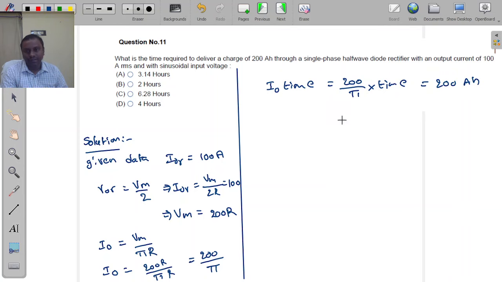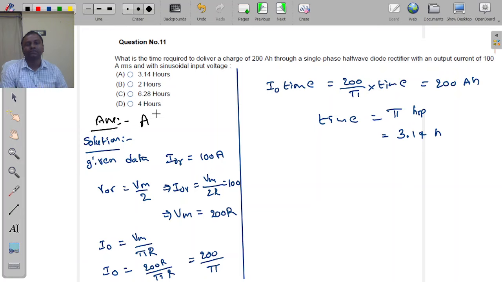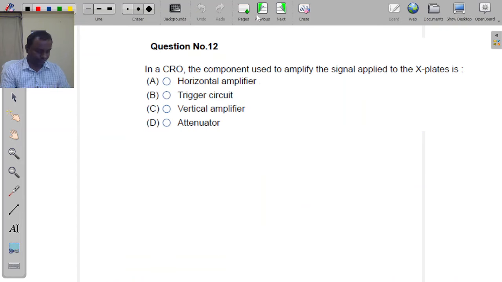In the sense, time must be equal to pi hours, which is 3.14 hours. In the sense, the answer for this is option A. Moving into the next question.